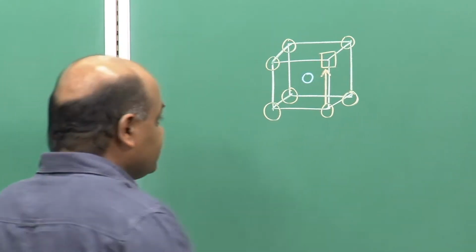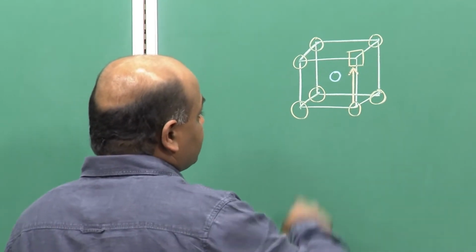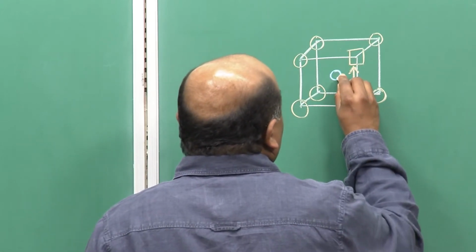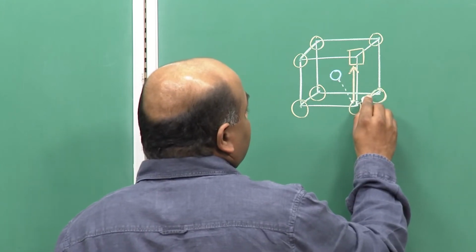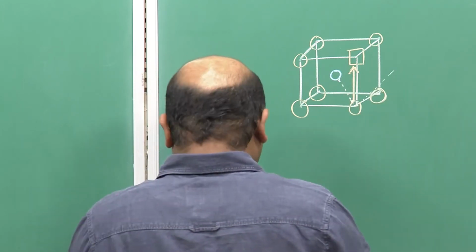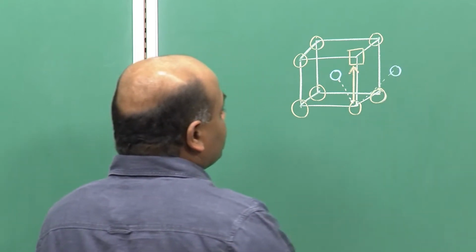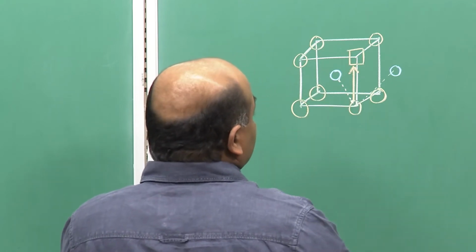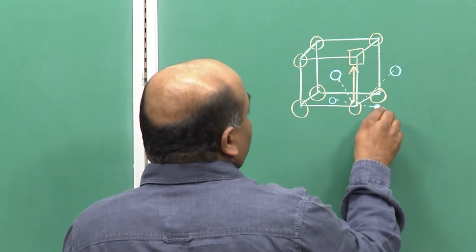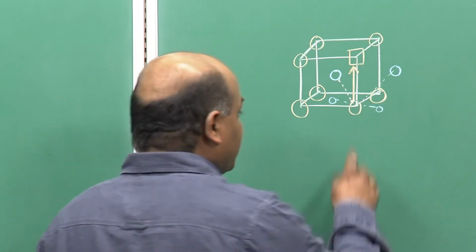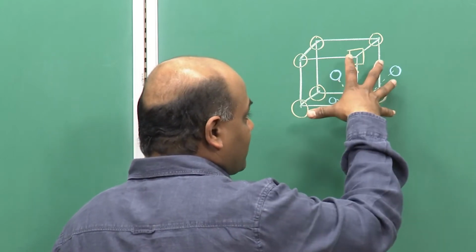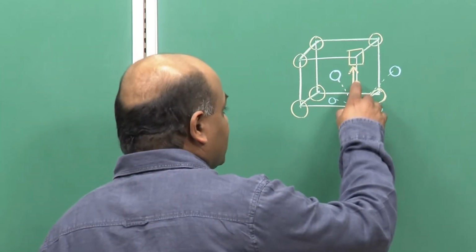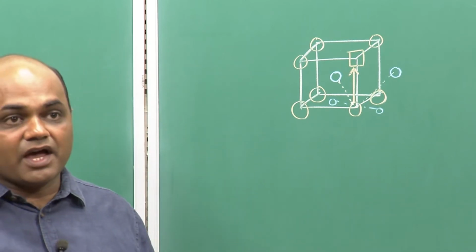So, you can imagine, for example, this atom is bonded with this A atom here, the A atom at the body center of the cube on this side of it, and there would be other two atoms on this side out of the plane, and as this B atom is moving, it has to push apart these A atoms, and so the activation barrier for the next nearest neighbor jump, triple NJ, is very high.